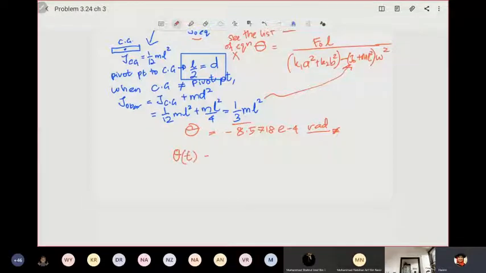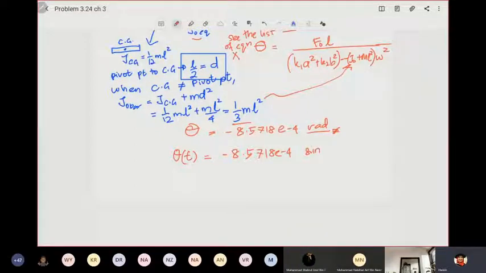So the final answer should be in terms of small theta. You just write your capital theta here. How do you write it? Because the input is sine, the output is sine.